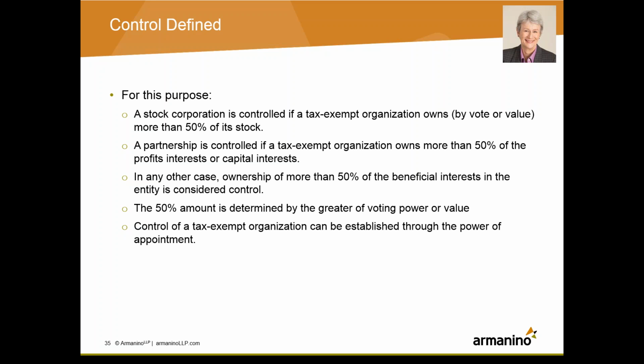That last line on the slide says the control of a tax-exempt organization can be established through power of appointment. If you look at the bylaws of a tax-exempt organization, and there's a right to appoint more than 50% of the board members, then that one organization is actually in control of another because it has a right to appoint more than 50% of the governing body. A lot of times in a C3, C4, or C3, C6 environment, there'll be more than 50% overlap on the board.